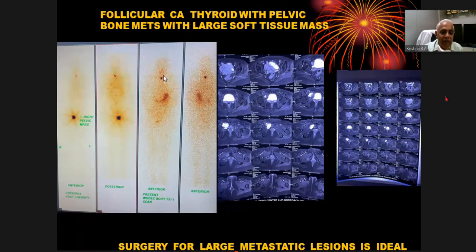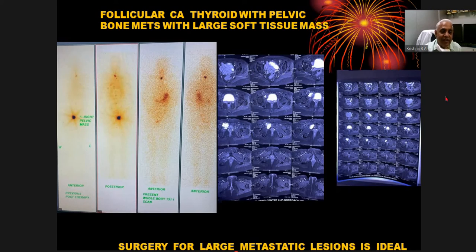And now the remnant tissue is showing good uptake, and the lung lesions are still not showing any uptake on the diagnostic scan. This coming Monday, this patient is going for a 200 millicurie radioiodine therapy in the hope that when given a high dose, the pulmonary metastasis will pick up.